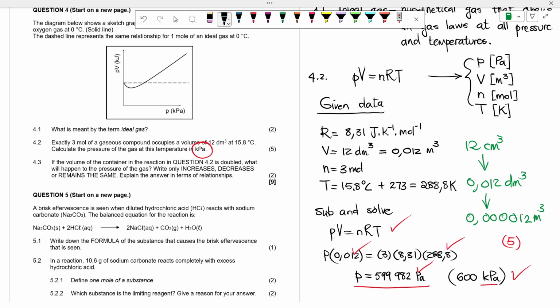Volume and pressure are directly or inversely? Directly. No, it's actually inversely. That's one of the, like, in Boyle's law. Remember I did Boyle's law.